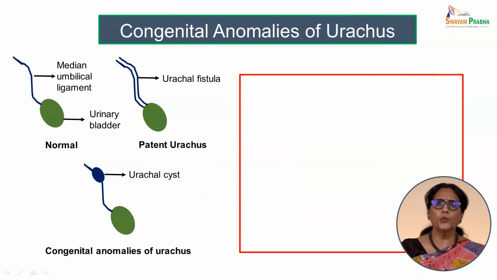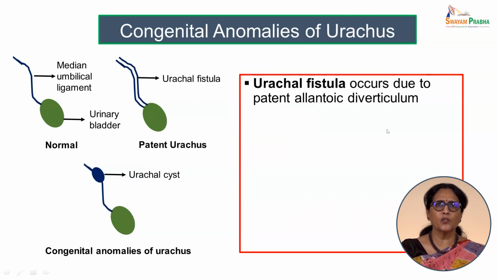Next, we move on to congenital anomalies of the urachus. Now, this is a normal condition where you find the urinary bladder, and this is the degenerated urachus forming the median umbilical ligament.